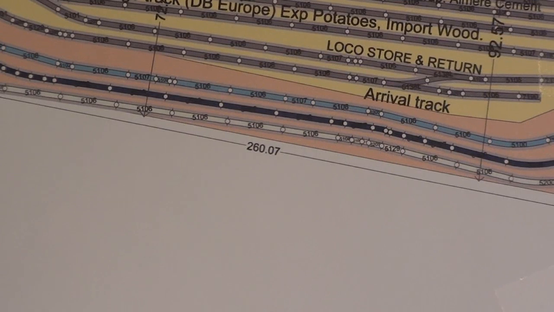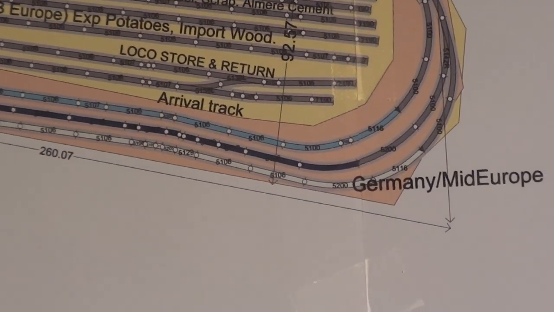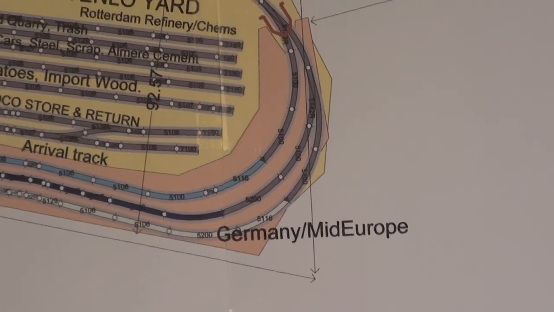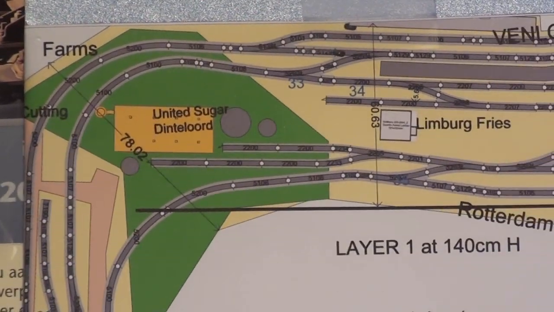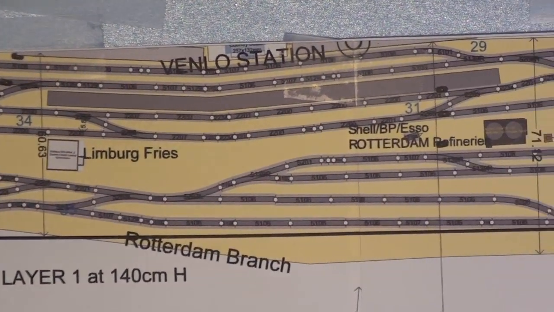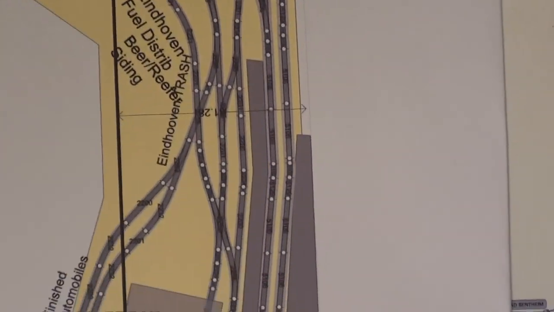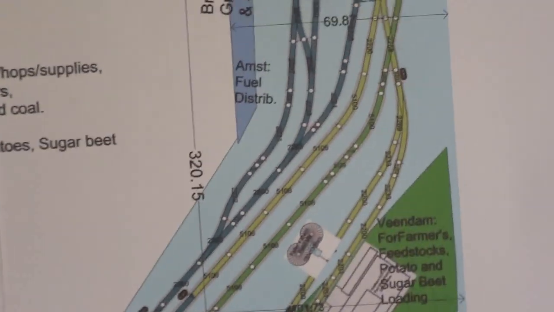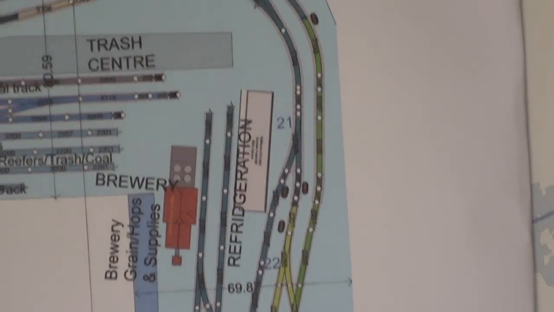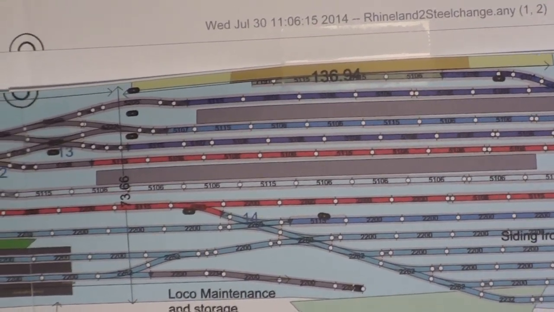Here the international trains will then park here in a hidden area as if they've gone into Europe, and the intercity trains will come out fairly quickly via the reversing loop and head back into Venlo station, pick up passengers, head back on the double main, back to Eindhoven station here, then down the helix, come out here, pass through industries here, and then pass back into one of the platforms, one of the tracks at Amsterdam Central.